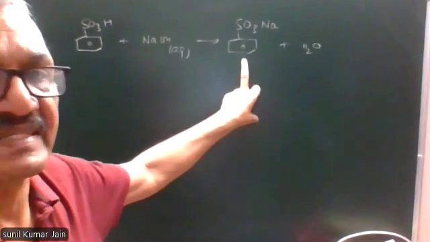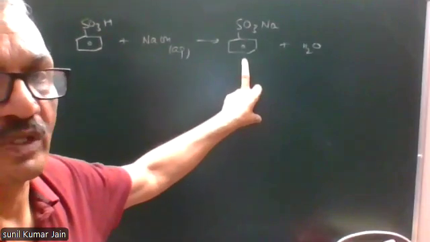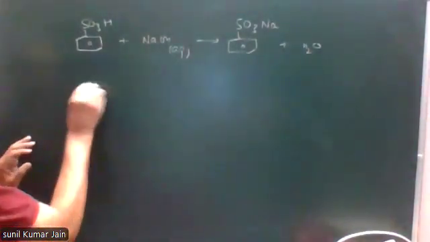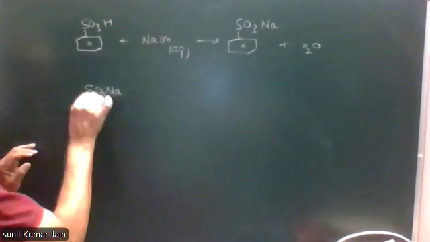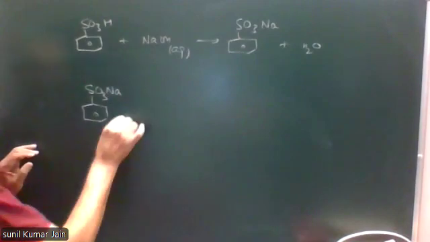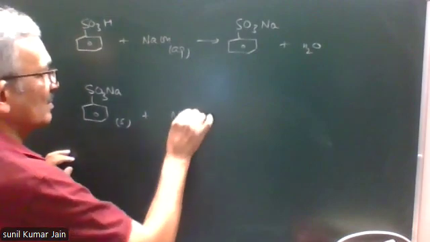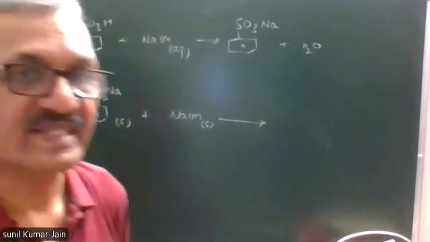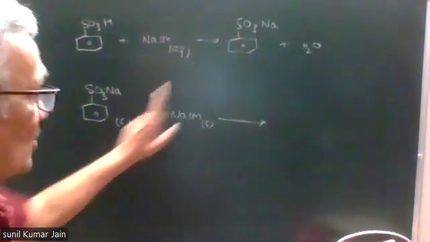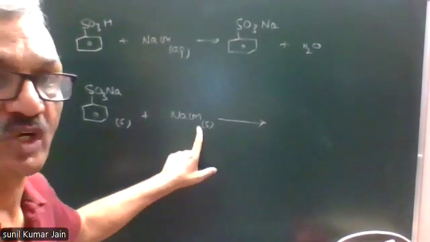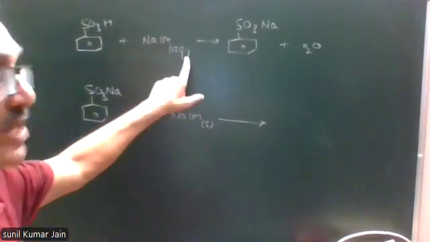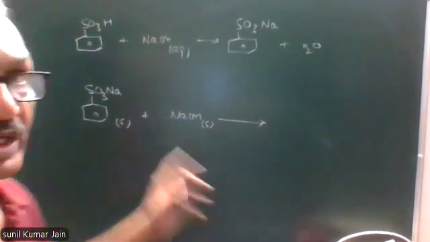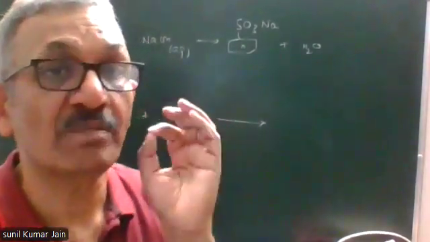This is sodium benzene sulfonate, the sodium salt of benzene sulfonic acid. In the second step, this product is taken in the solid form, mixed with solid NaOH. Remember, in the first step, it is aqueous NaOH. Now this is solid NaOH. Mixture of these two solids is strongly heated so that this mixture melts.